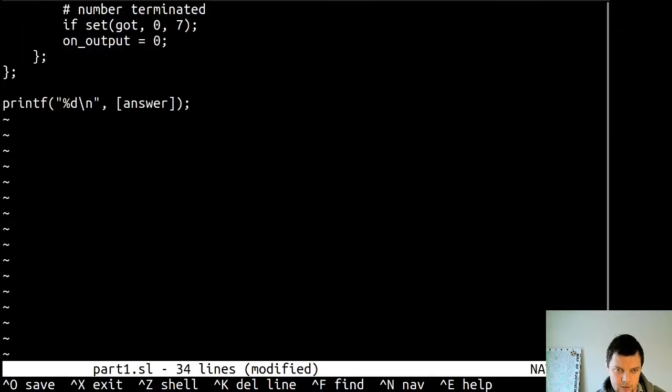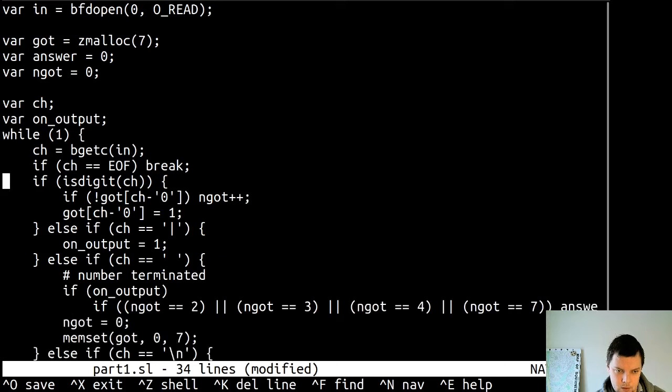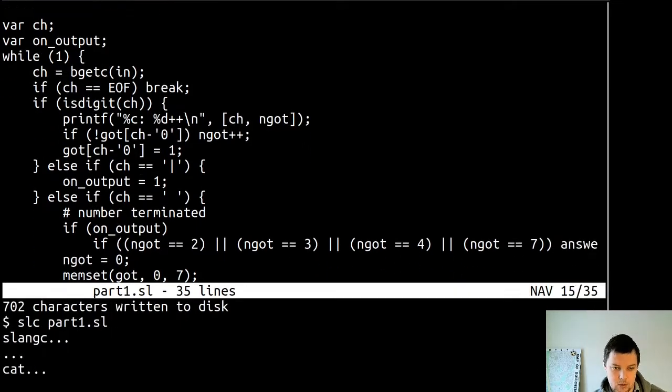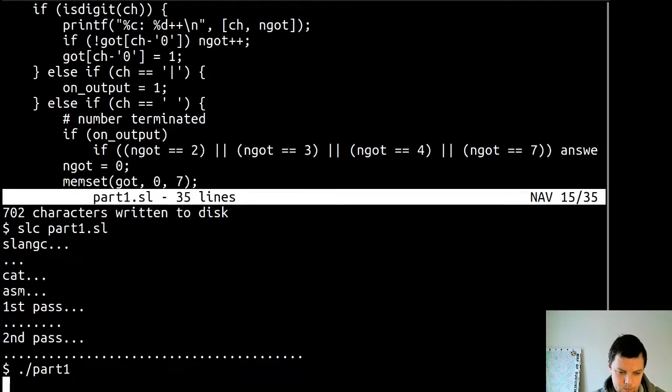So that should have overcounted rather than undercounted. Oh, it's not digits, it's letters. That's the problem.